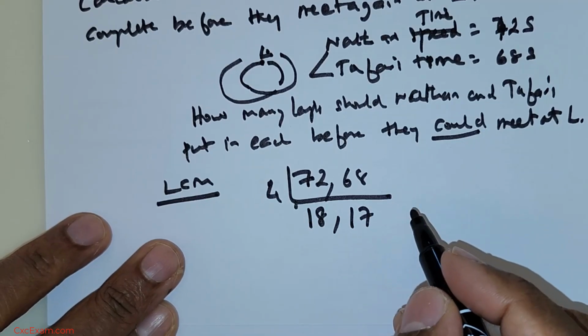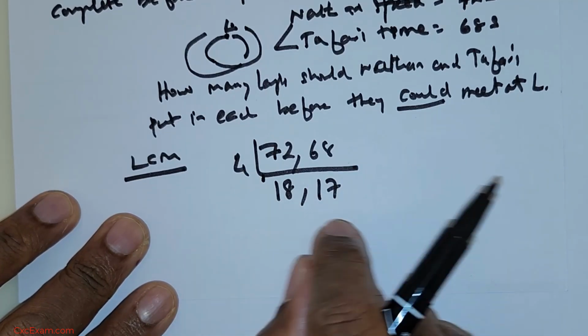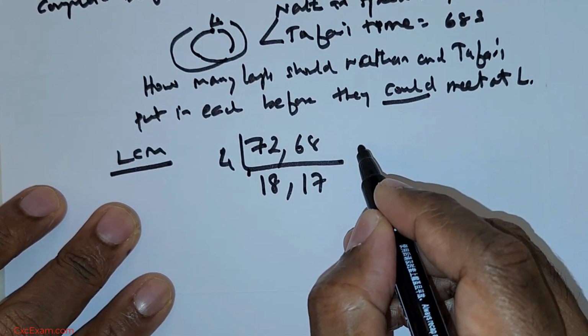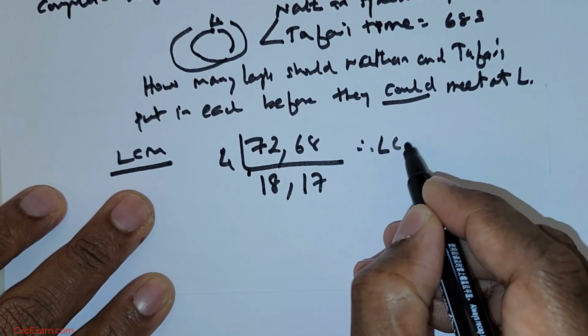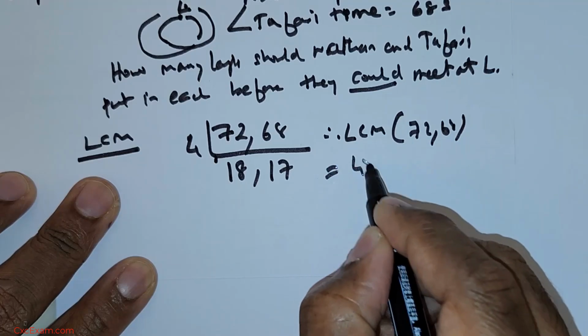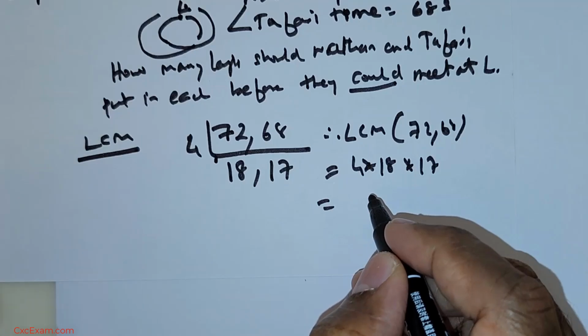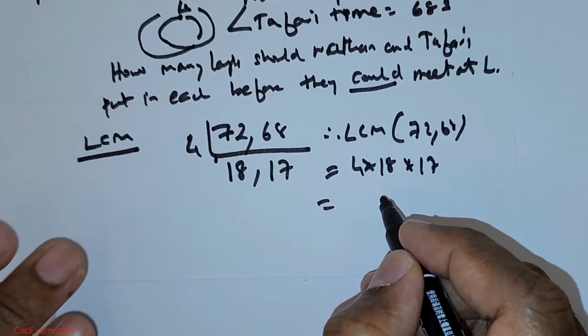So this is what you got. Now you can't reduce further because 18 and 17 are relatively prime. So LCM of 72, 68 is going to be 4 multiplied with 18 multiplied with 17.